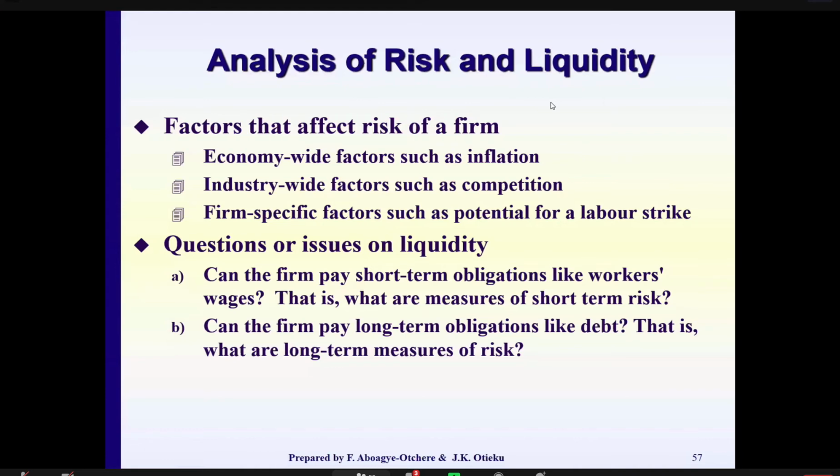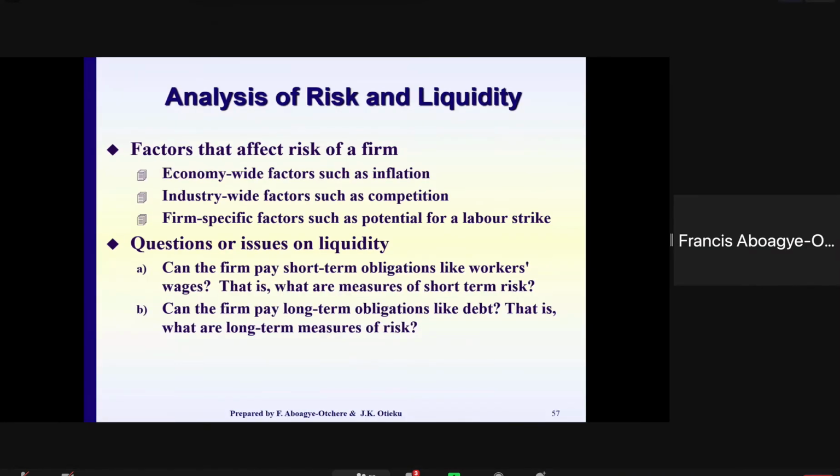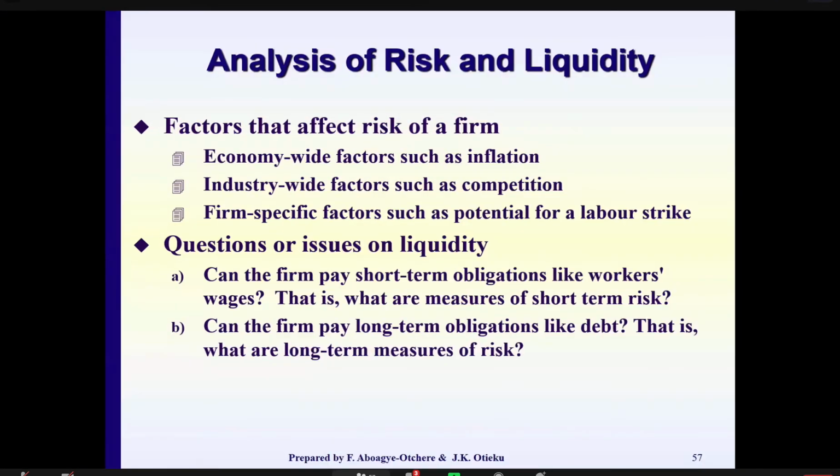Those are those that affect just an entity. So if there's a natural disaster affecting one company, then that will be firm-specific. If there's flood or fire, something of that nature, it will affect your ability to pay your insurance.